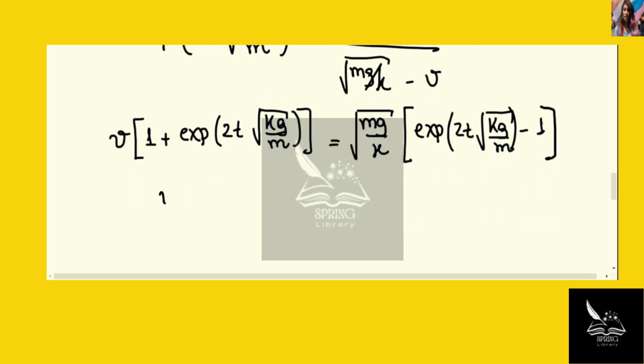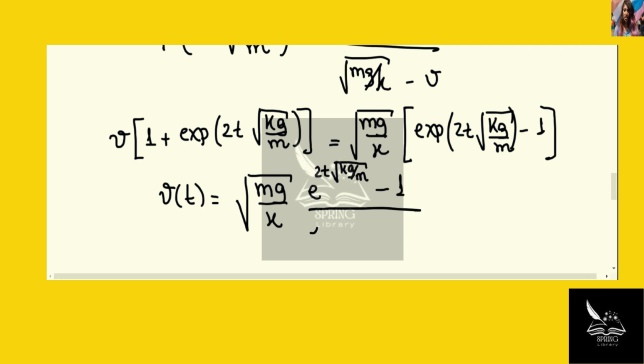So the speed v as a function of time is the square root of mg over k times the exponential of 2t times the square root of kg over m minus 1 divided by the exponential of 2t times the square root of kg over m plus 1.